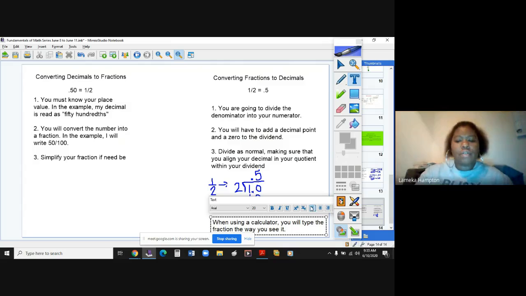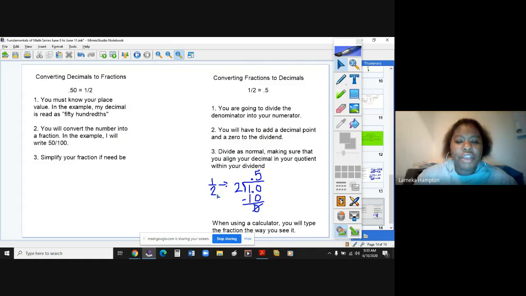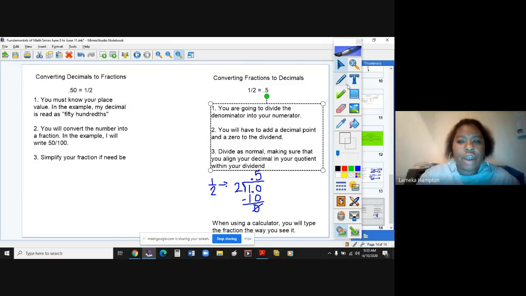So that's very important. What I've written again, that is how you would write it by hand. And if you are using the calculator, this is what you would use. Now, before I move any further, I want to do an example of converting decimals to fractions.